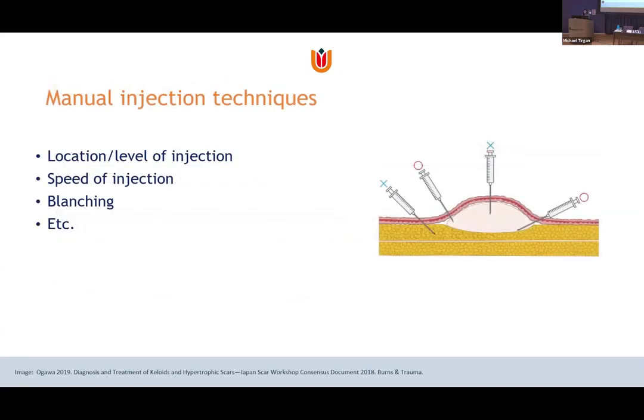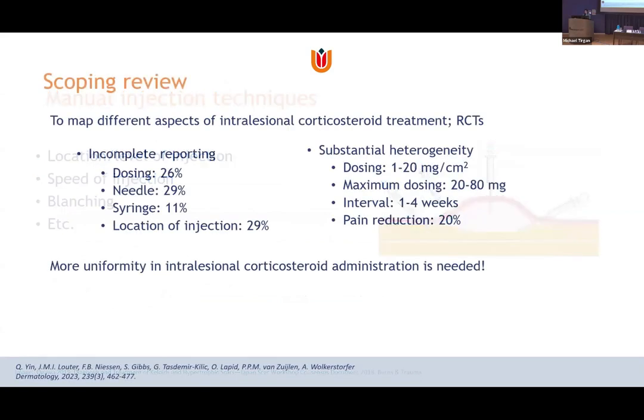Considering the manual injection techniques, there are many variations as well, such as where exactly to inject, the speed of injection, different endpoints such as the blanching phenomenon, and more. So in order to map all the different aspects of intralesional corticosteroid treatment, we looked broadly into the literature and performed a scoping review.